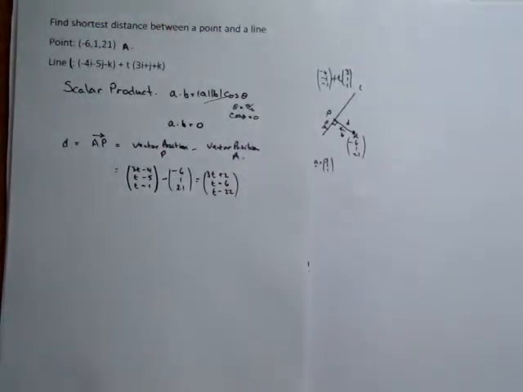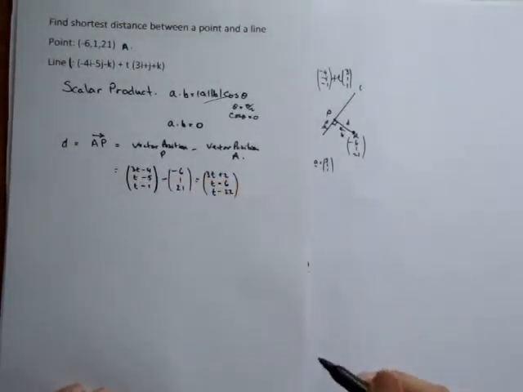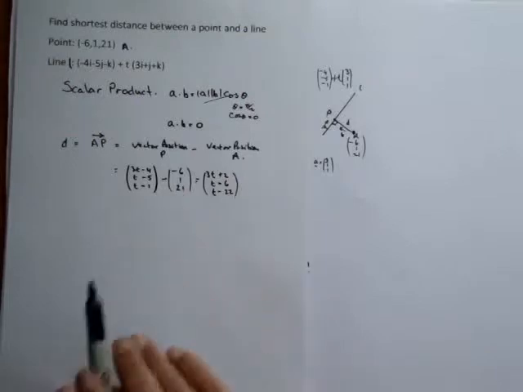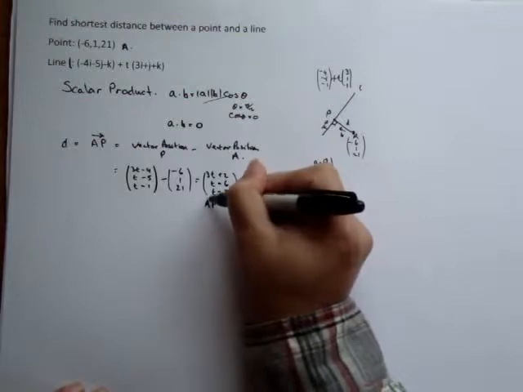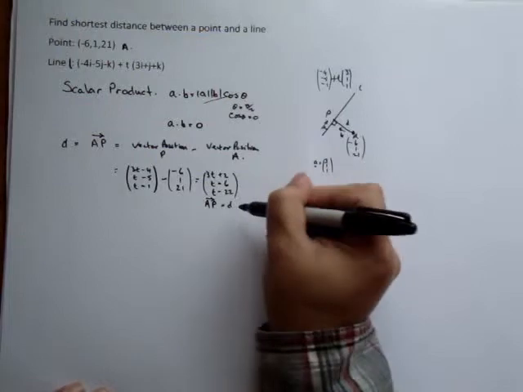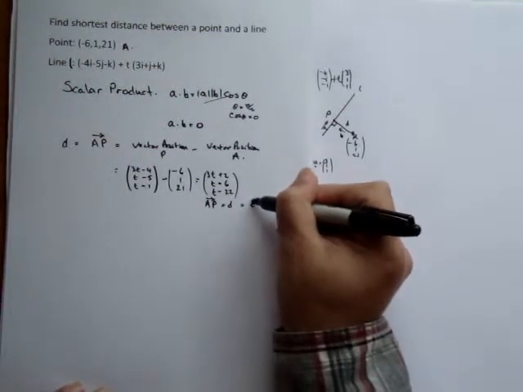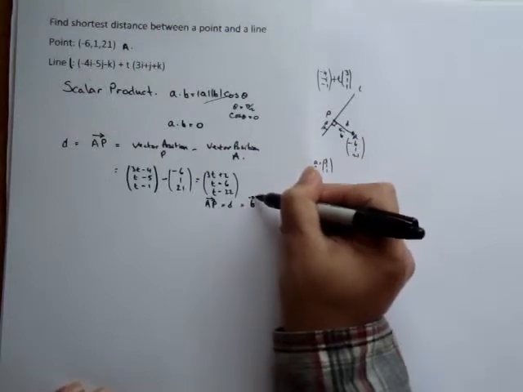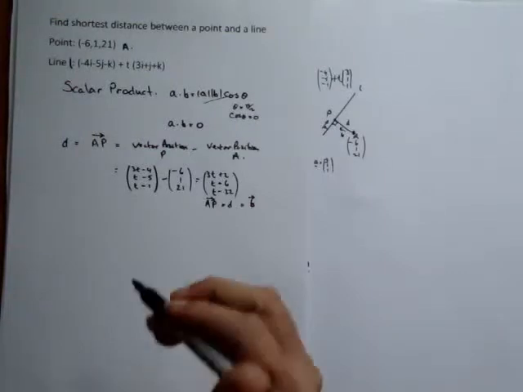Okay, now let's take a step back and see what we've got. First of all, we've got here the vector position for p. We've got here the vector position for a. And here we've worked out A to P, which equals d. And this is also the direction vector for b. Okay, so now we can do our a multiplied by b.